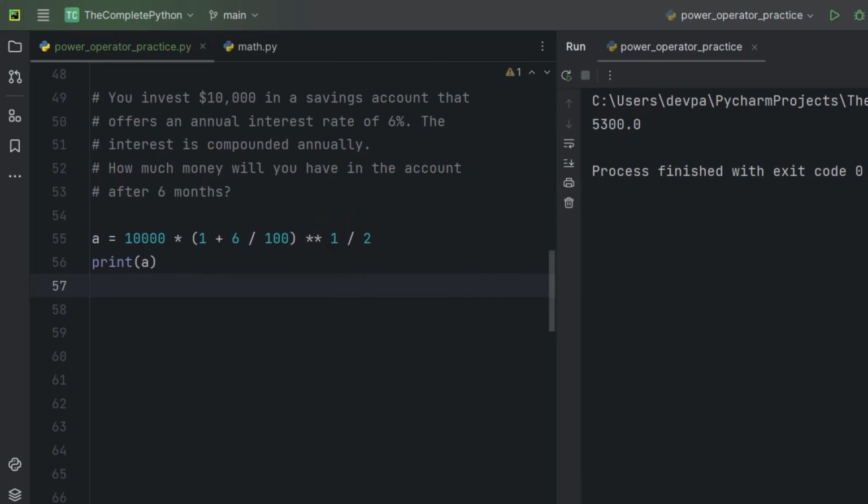So in order to fix this, what we can do is we can write this 1 by 2 inside the parenthesis. So now when Python will evaluate the expression, first it will evaluate this parenthesis, then it will evaluate this parenthesis, then it will perform the power operation. Now let's add a parenthesis here.